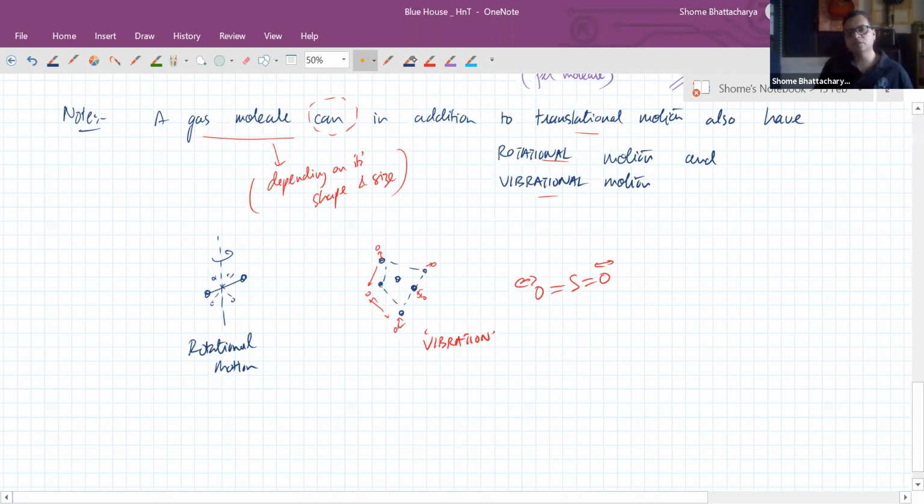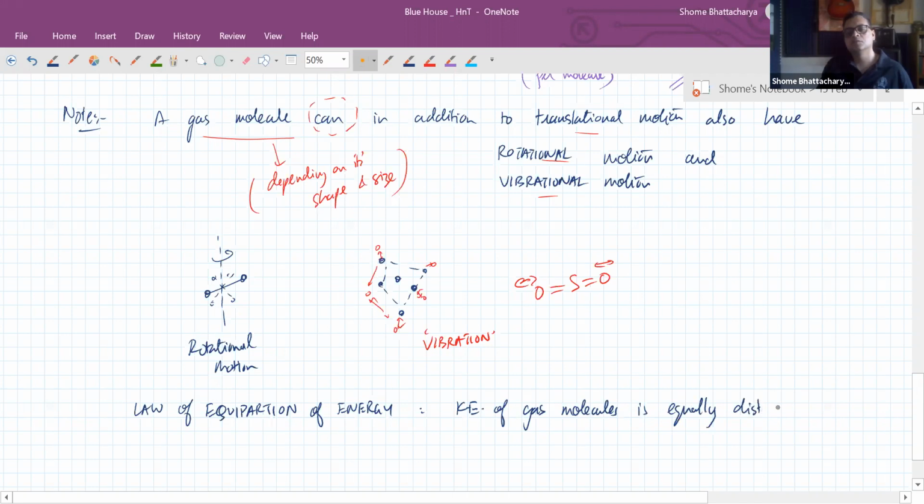Now the law of equipartition of energy states that the kinetic energy of gas molecules is equally distributed over all degrees of freedom, over all types of motion.